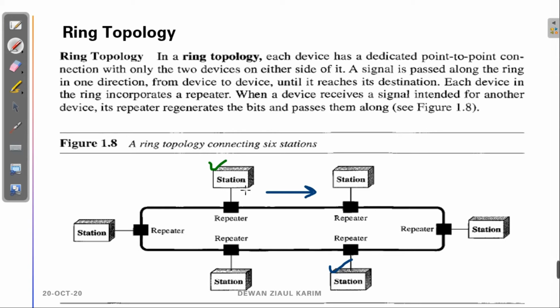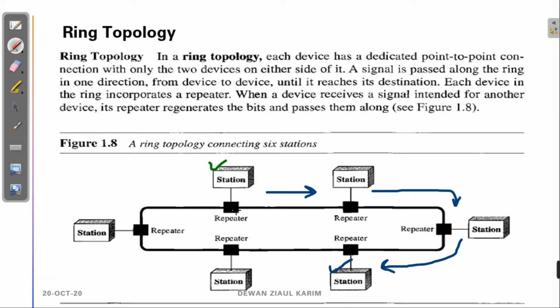In that case, this station will send the data to this station at first, then this station will send the data to this station, and then this station will send the data to this final destination. Okay, and this is unidirectional. So I just assume that in my topology the data goes in this way. In your topology it may be different, but it will always be unidirectional, always moving in the same direction.